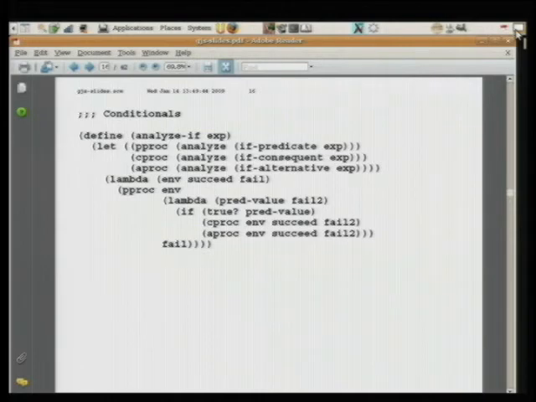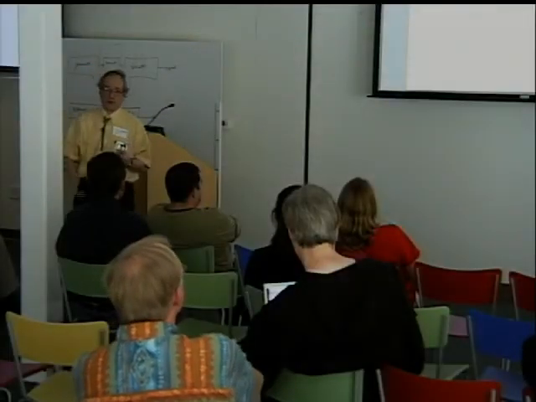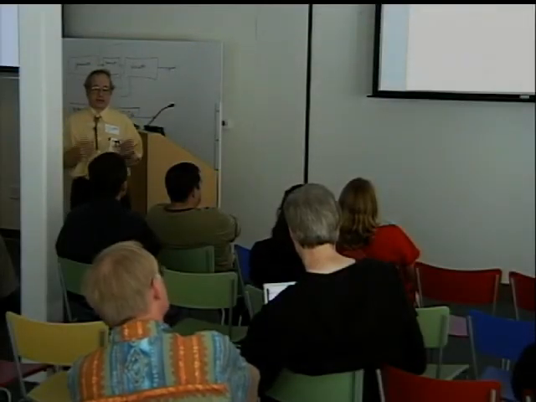The consequent or the alternative may itself decide it doesn't like what it sees, and it might want to say, give me a different result from my predicate. Okay? No, the answer is no, I don't like that. And the predicate might look at it again and say, oh, there's an alternative. You know, maybe it was false rather than true. Okay? That's a choice.